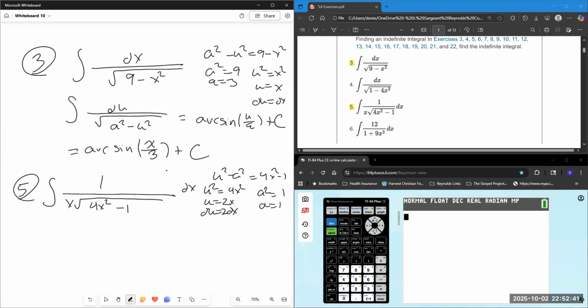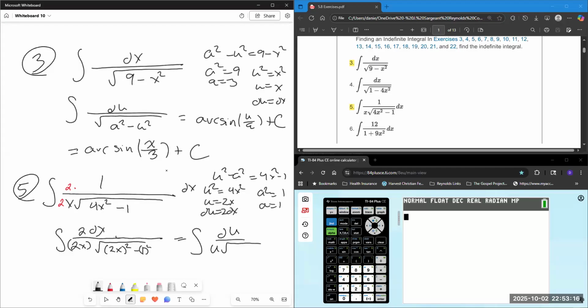So I need u on the outside, so this is going to be a 2 and a 2, multiplied by 2 over 2 here to fix this, and that makes this integral of 2 dx in the numerator and 2x on the outside of my square root, and quantity 2x squared minus 1 squared here. It is integral of du over u root u squared minus a squared.